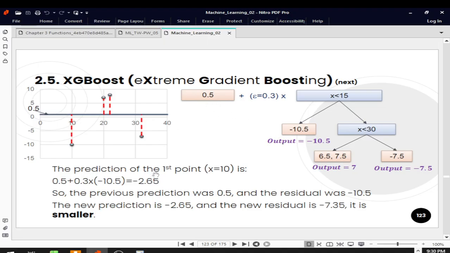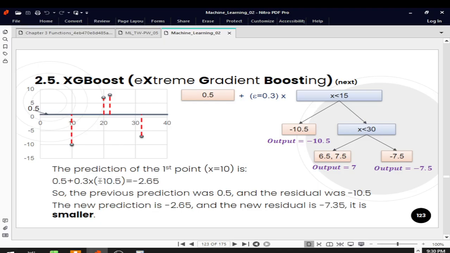Well, the prediction of the first point, as I told you, is the old prediction plus the learning rate multiplied by the residual at that point, or the residual of that input, and it equals minus 2.65. This is the old prediction, this is the new prediction. Let's compute the residual now.